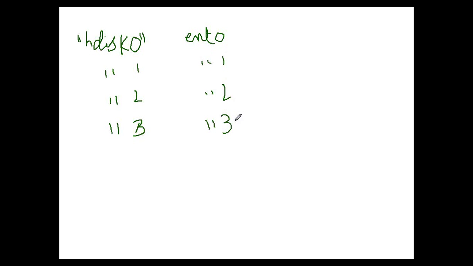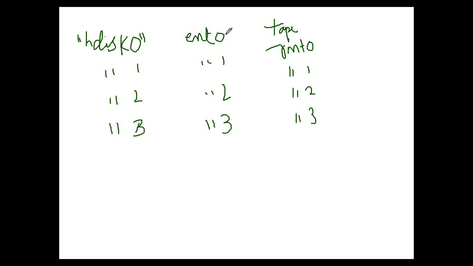Similarly, if you have tape drives for backup, then the tape drives will have the naming convention rmt0, remote tape 0, rmt1, rmt2, rmt3. So this is how the naming conventions go.